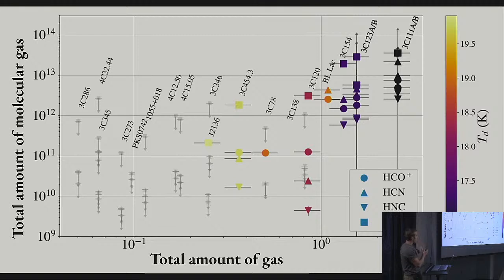So I said that ultraviolet radiation destroys molecules in the ISM until there's an adequate amount of shielding to protect the molecular gas. So in this plot, we can see what an adequate amount of gas really means. The colored points here show where we actually detect molecules in absorption. And then these gray points are where we don't detect anything, so there are no molecules present.